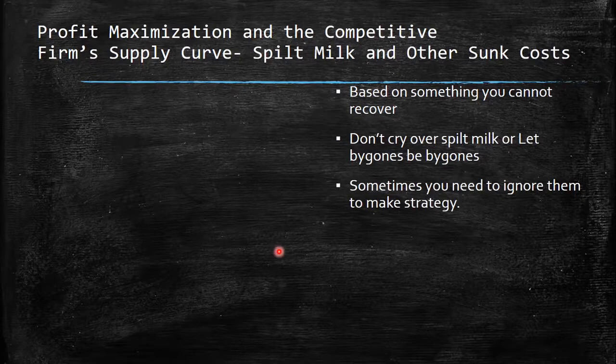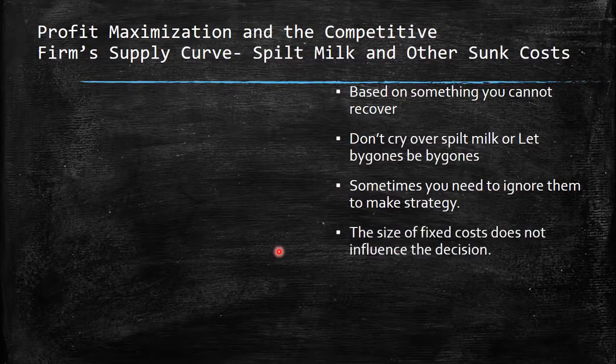Sometimes you need to ignore them to make strategy. Something that is a fact that you need to pay is not the important fact to make the strategy for a firm. And at this time, we realize that the size of fixed costs does not influence the decision at all. It depends more on variable costs.